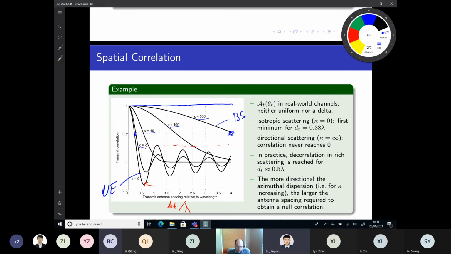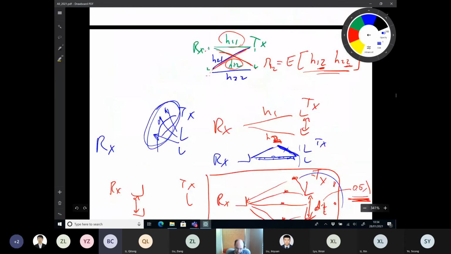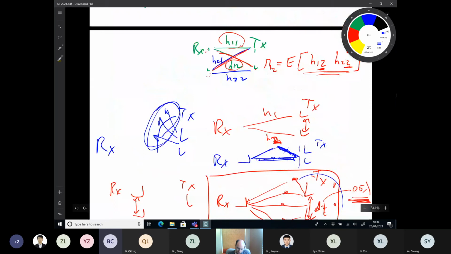So if k is equal to 0, it means that you have an angle spread of 0. That means all your paths depart from the same direction, one unique direction. If k increases, it means that your angle spread increases, right?